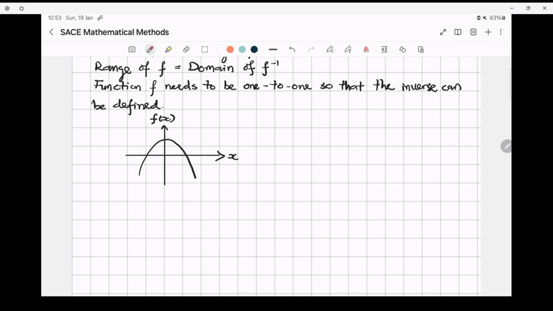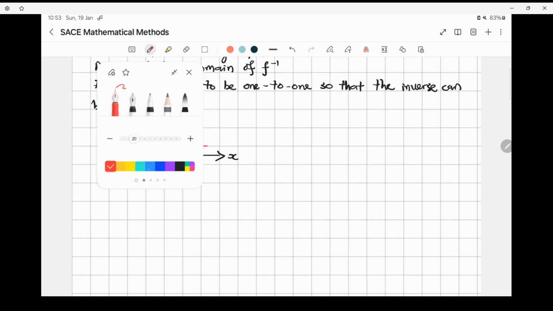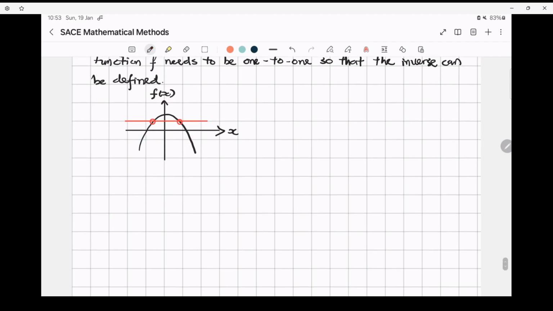But if you draw a horizontal line, it will intercept at 2 points. So this is what we call the horizontal line test.